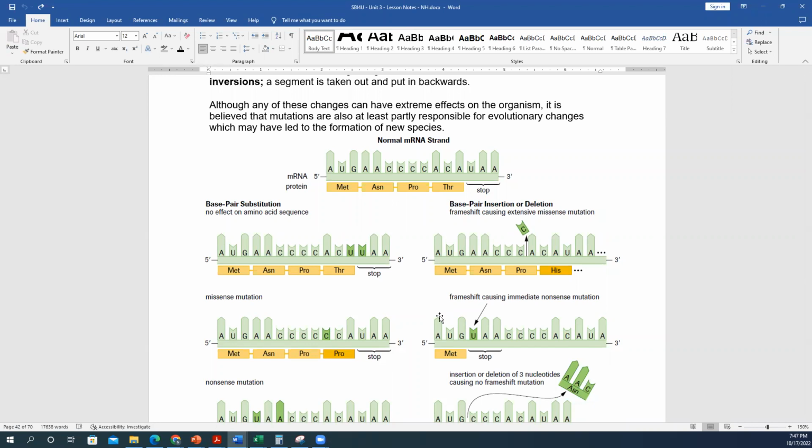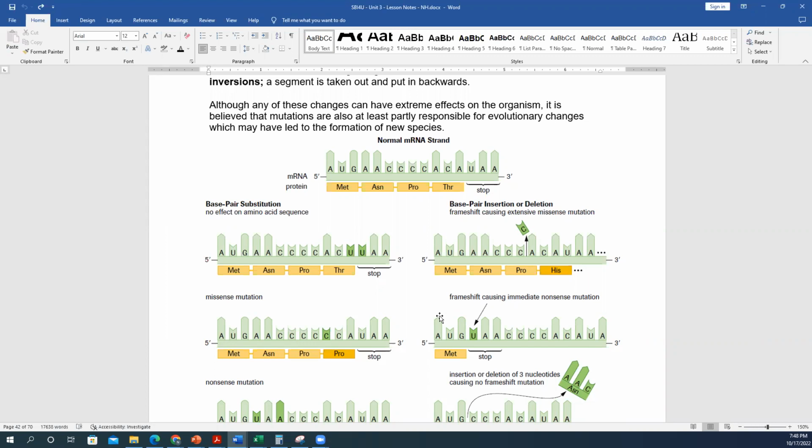It's thought that mutations are also at least partially responsible for the various evolutionary changes that have taken place, and may have been the driving force behind the formation of new species, where through mutation, new traits come up, and if they give that organism a certain advantage, especially at a time where all the other organisms might be at a disadvantage, then this mutation may actually take hold and give the offspring of this organism an even better chance at survival.